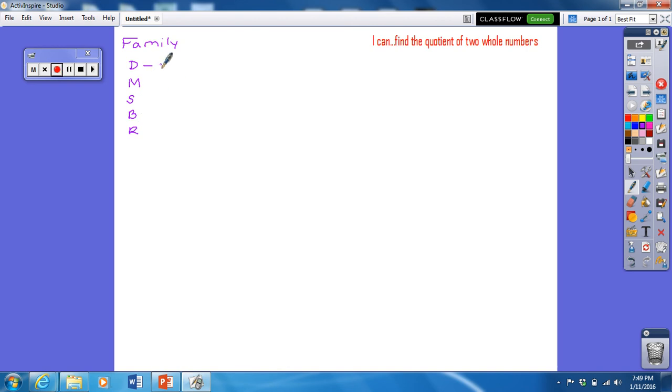Dad stands for divide, Mom stands for multiply, Sister stands for subtract, Brother stands for bring down, and Rover the dog stands for repeat the process with the next place value, or it can be your remainder.